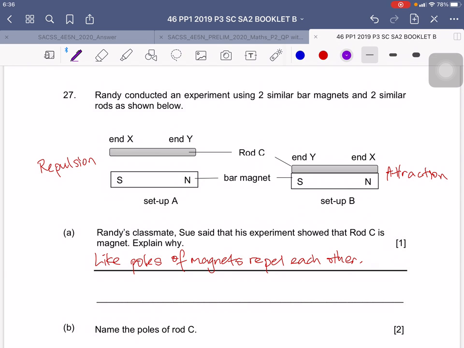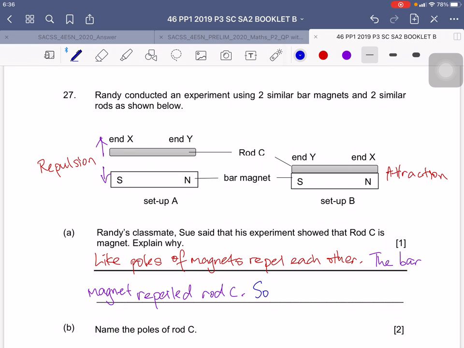And what's the context here? Now, over here, there's repulsion. So we further add on the context: the bar magnet repelled rod C. So what's the conclusion or the consequence? Maybe I'll use another color.